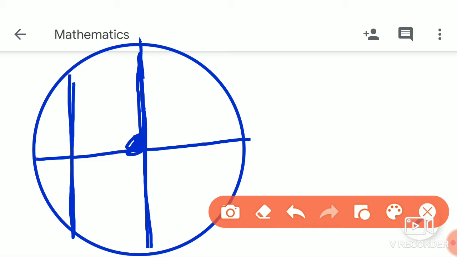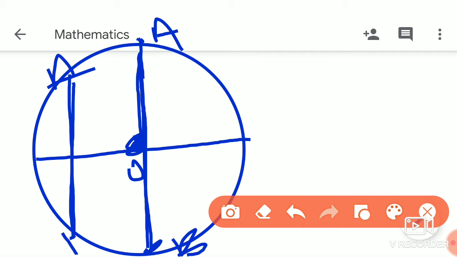Now, I am giving some points. I am giving this point the letter A, O, B, and this as A, B. Now, can you tell me which of these two lines is the chord?